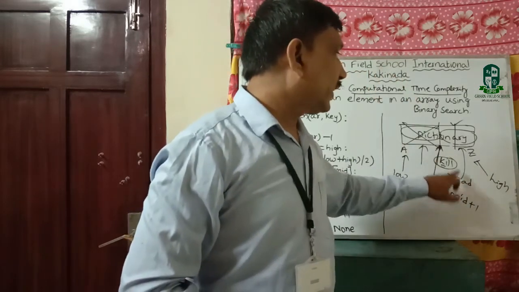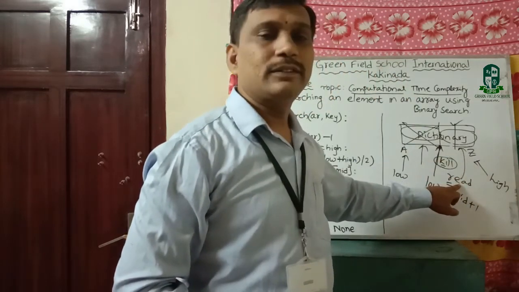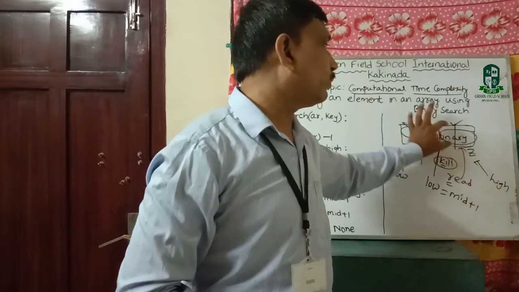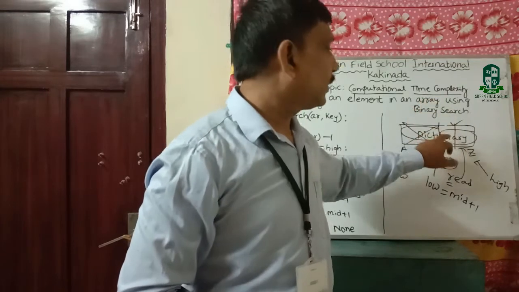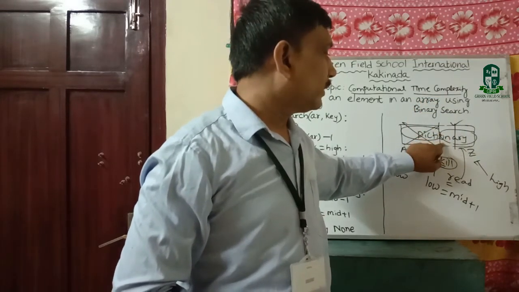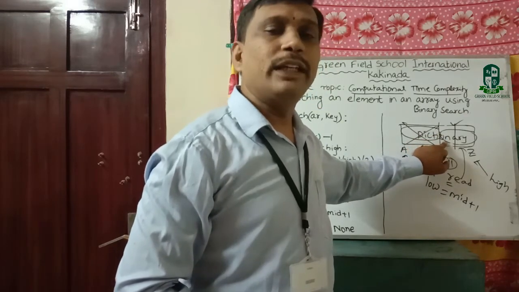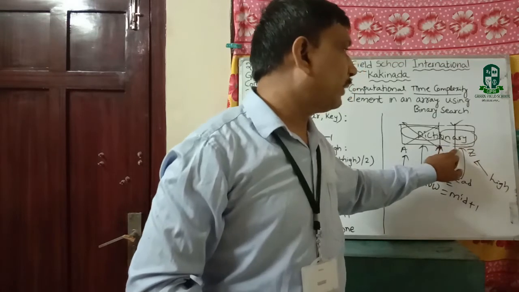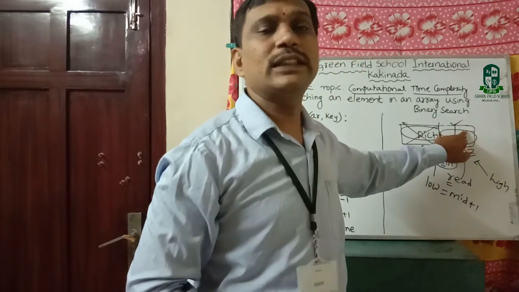Otherwise, if the key search element is less than the mid element, then we search the process in this segment. If the key search element is greater than this mid element, then we search the process in this segment.